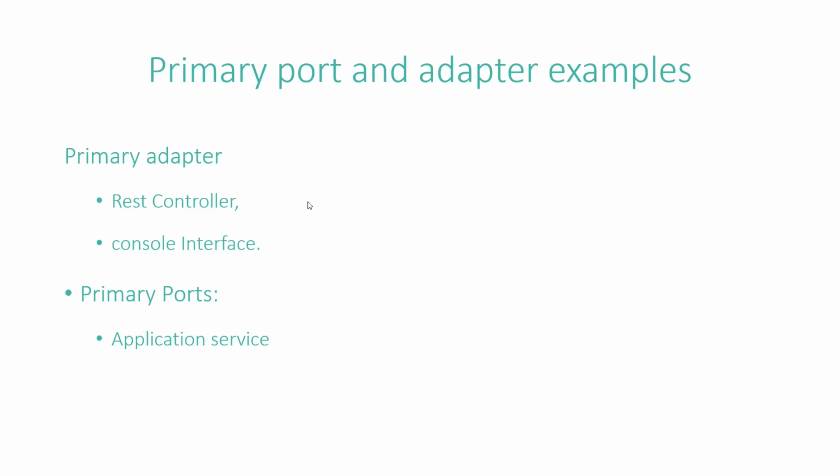In most cases, primary ports are application services. The term is very broad and can be interpreted differently, but it's the service which is injected into the controller or console interface and handles inputs from the adapters. It's kind of a facade for our application.